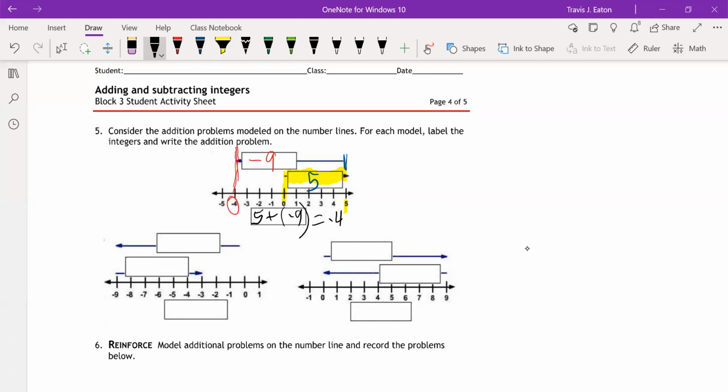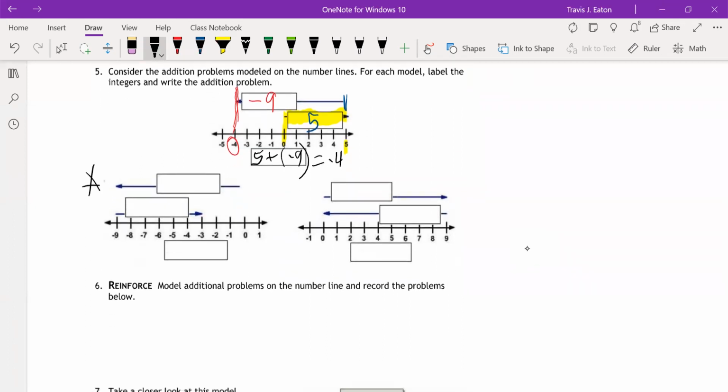Okay, well, let's take a look at this one that's in the bottom left, right here. Scroll down just a bit. All right, so remember, we always start at 0 to find our first value. Here's 0, and there's our starting, so we're going to go this way. And so what's happening there? Well, where are we starting? It looks like we're starting at -9. Okay, then from -9, what is going on from here?